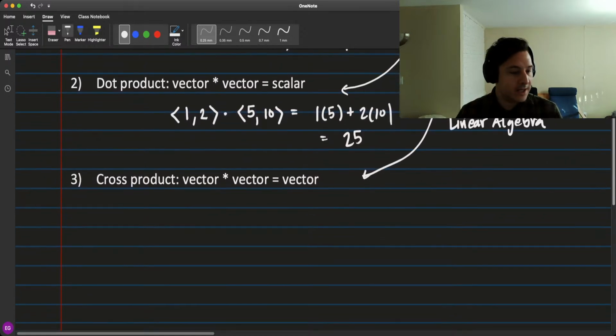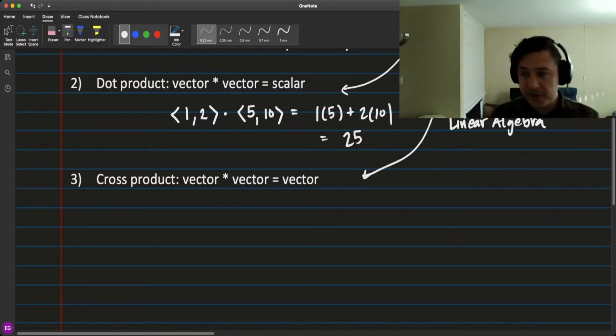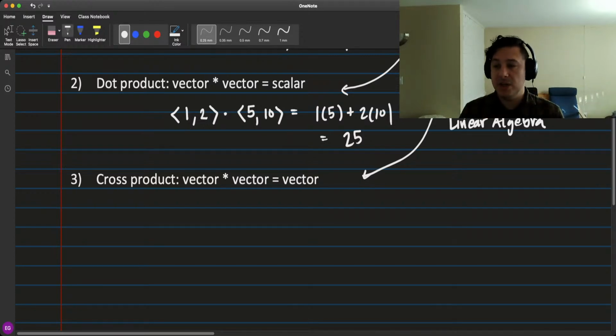Okay, so let's talk about the cross product. What is the cross product? First of all, to distinguish it from the dot product, for the dot product we use a dot, so u dotted with v.